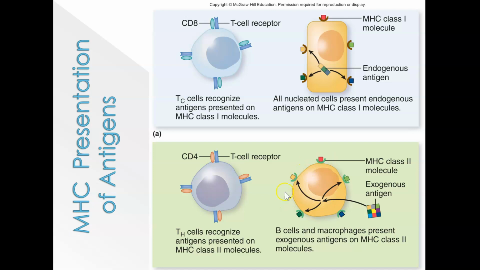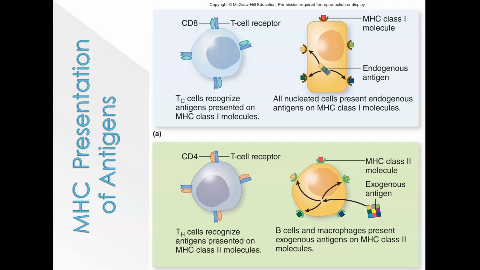Because they're presenting cells, they present this antigen to helper T cells, because those are the ones that need to get activated. This helper T cell is going to bump into this professional antigen presenting cell. If their T cell receptor recognizes this antigen, they're going to become activated and amplify those responses to the rest of the immune cells.